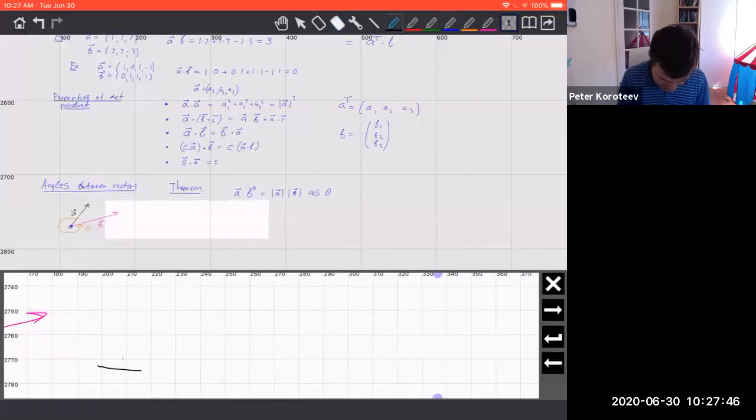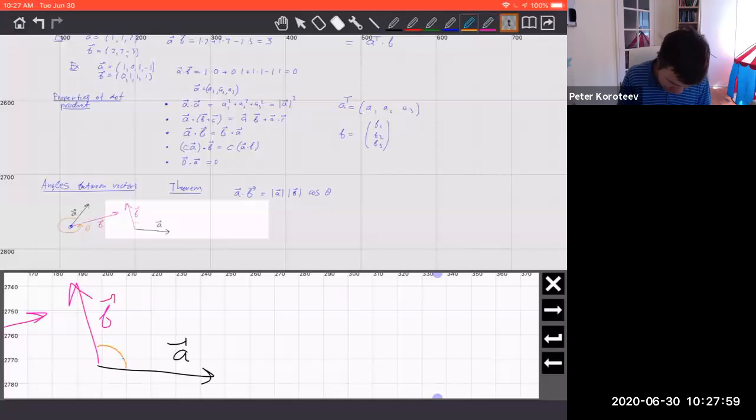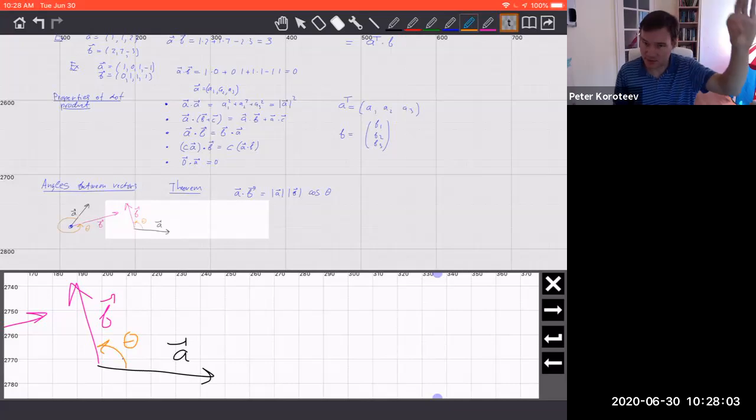So A is this and B is that, and here's the angle. You measure it counterclockwise, as we did in polar coordinates, from the first vector to the second vector.